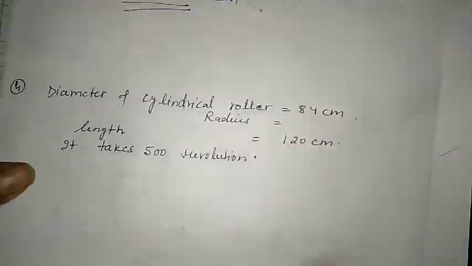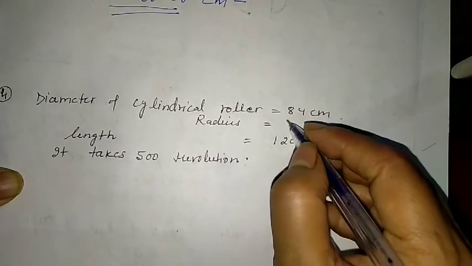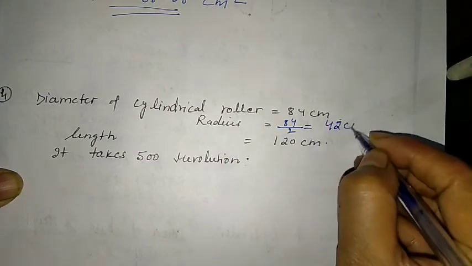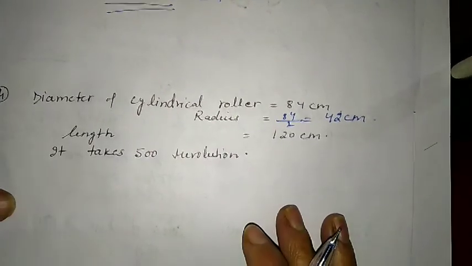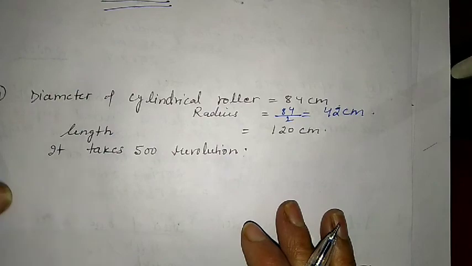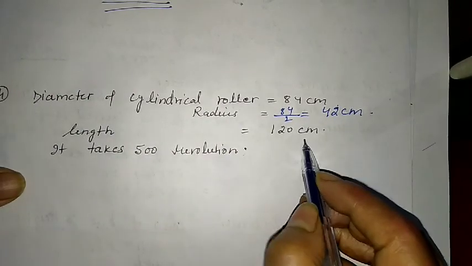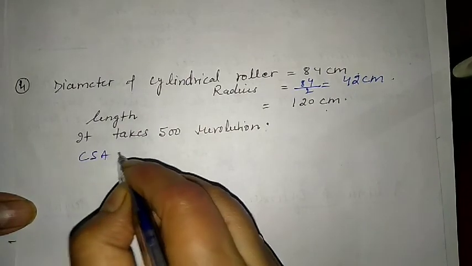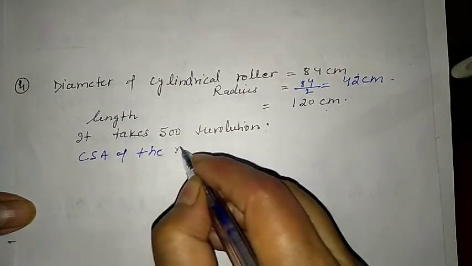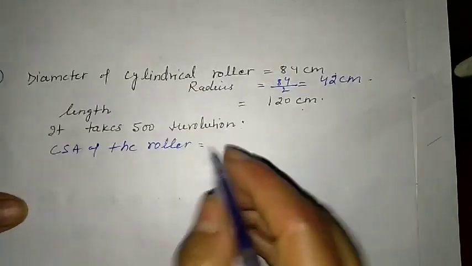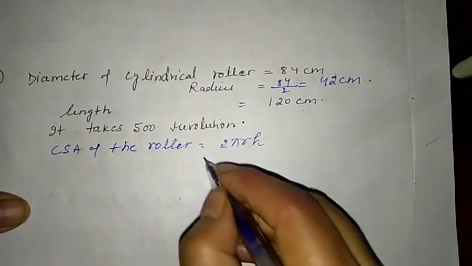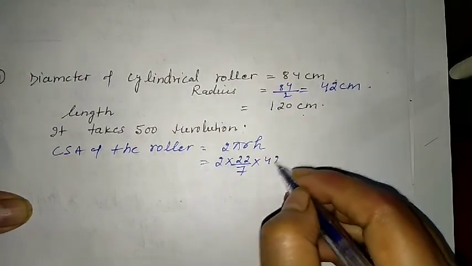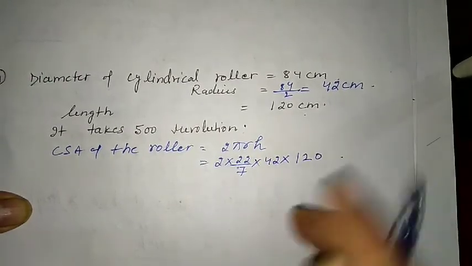So diameter is given to us as 84, radius we can find, 84 divided by 2, that is 42 centimeter. Okay, this is 42 centimeter. Length is given 120. It takes 500 revolutions. So we will find here the CSA of the roller, is equal to 2 pi r h, that is 2 into 22 upon 7. r is given 42, h is given 120.